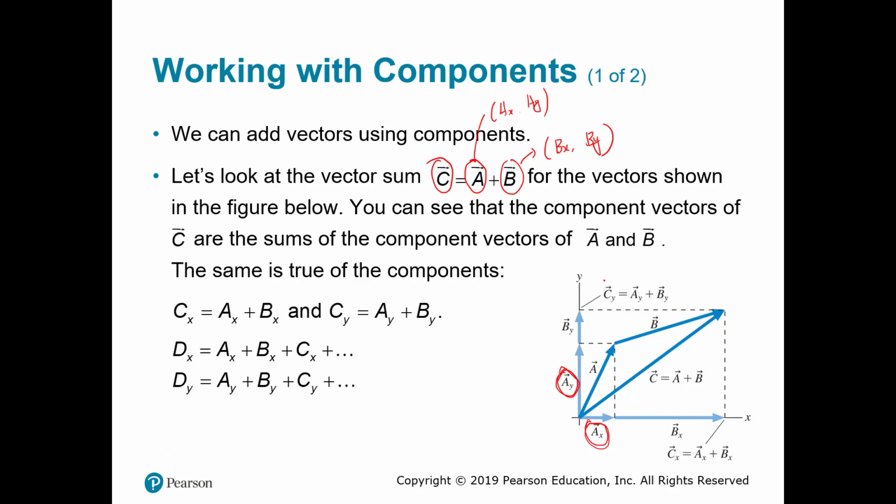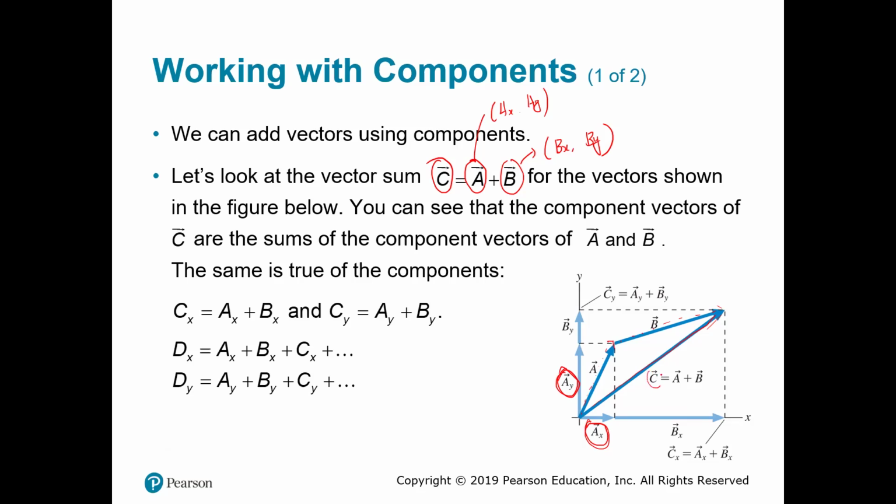So the c vector is the addition of these vectors. Graphically, you know how to add these two vectors, right? Draw the first vector and draw the second vector. Your c vector, because the c vector itself is another vector, also has its own x component and y component, called cx and cy.